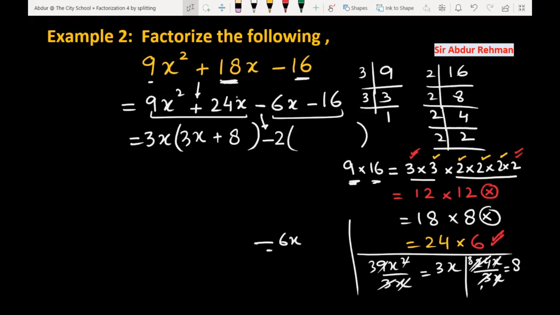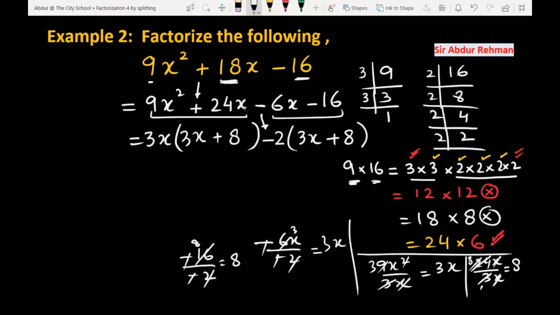Minus 6x over minus 2, the minus signs cancel, and we will get 3x. So I'm going to write 3x here. And for the next term, minus 16, we divide minus 16 by minus 2, the minus signs cancel, and 2 times 8 is 16. So plus 8 for the second bracket.